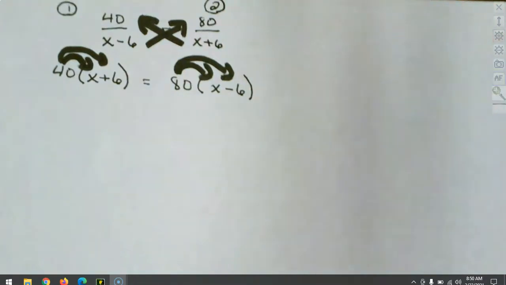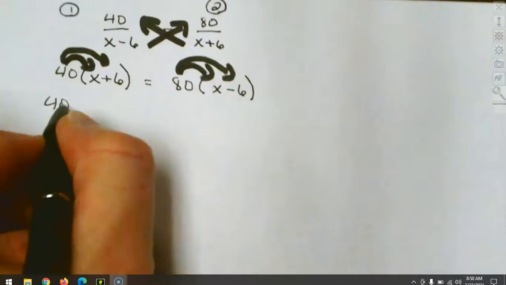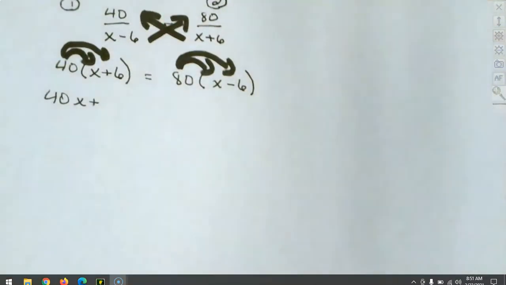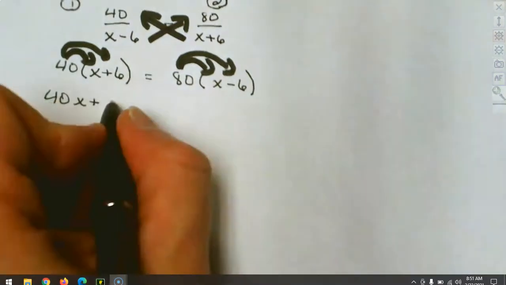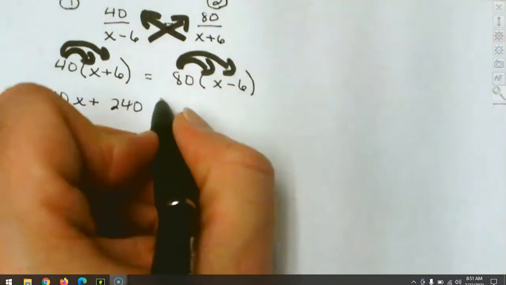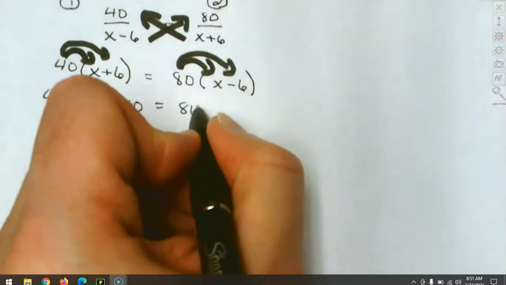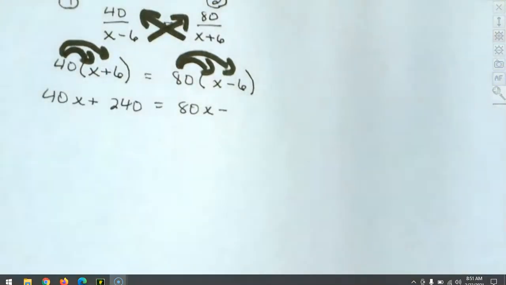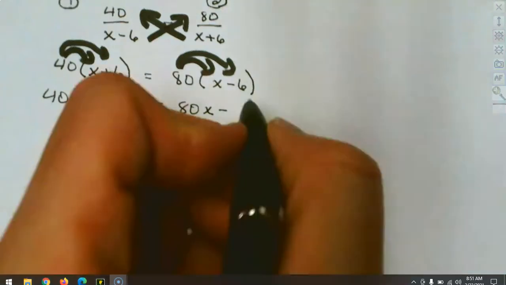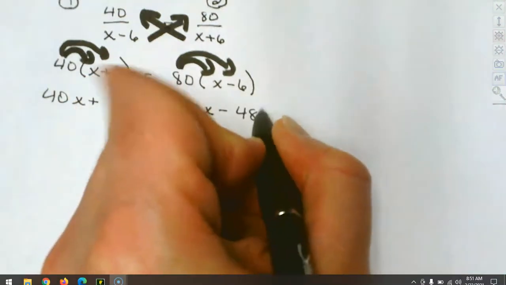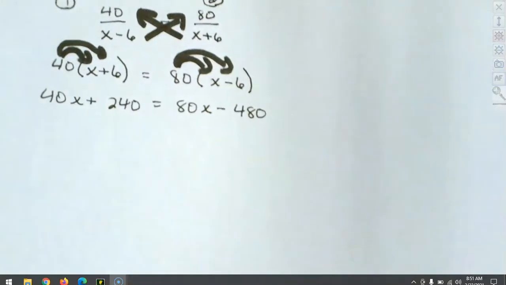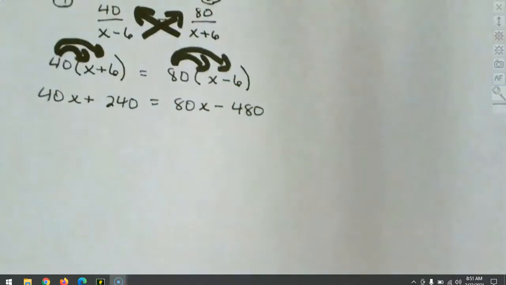So we've got 40x here, plus we've got 40 times 6, I believe that's 240. That equals then 80x minus 480, I believe. So there's our equation. We got that by cross multiplying.